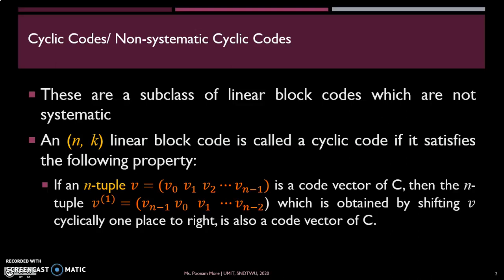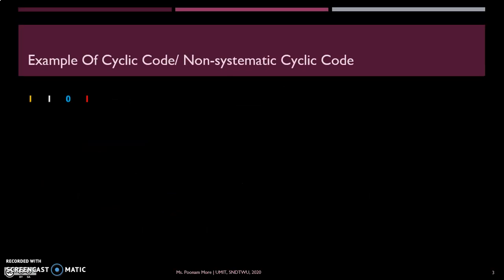So whether you perform a right shift or a left shift, whatever vector you get after performing the shift is also considered a valid code vector of C itself. So let's see the example.